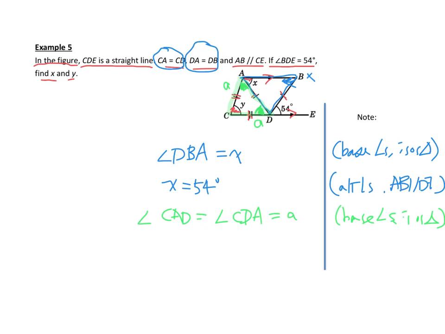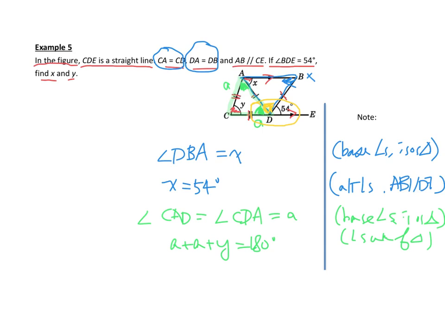After we give this symbol, we know by the angle sum of triangles that a plus y is equal to 180 degrees, wait, that's the angle sum of triangle. And we can also see that a is related to two other angles: this one in yellow and the 54 degrees.